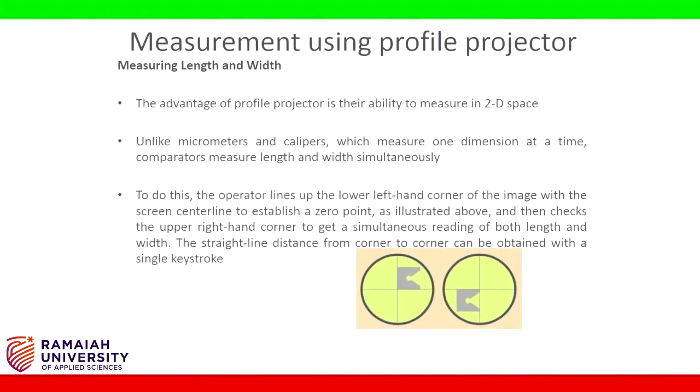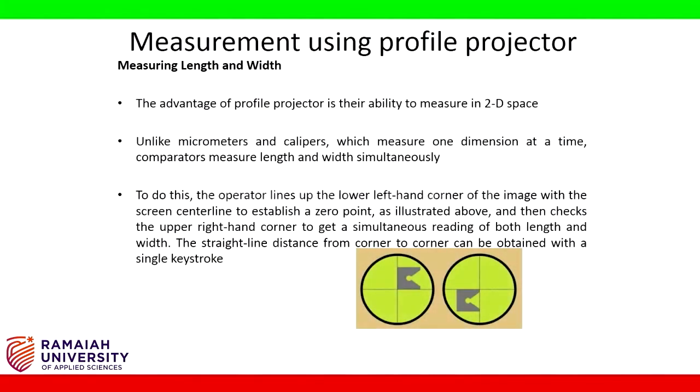Measurement using profile projector. The advantage of profile projectors is their ability to measure in two-dimensional space. Unlike micrometers and calipers, which measure one dimension at a time, comparators measure length and width simultaneously.